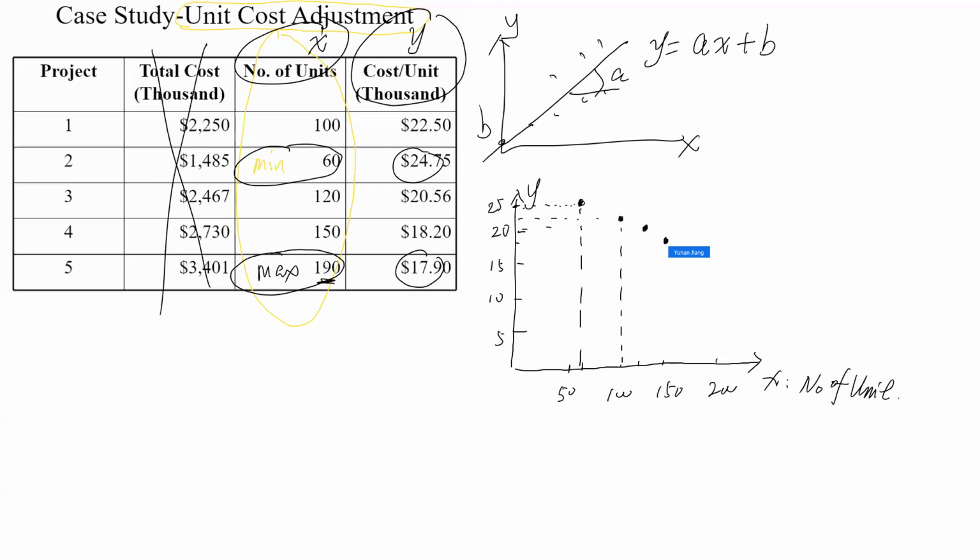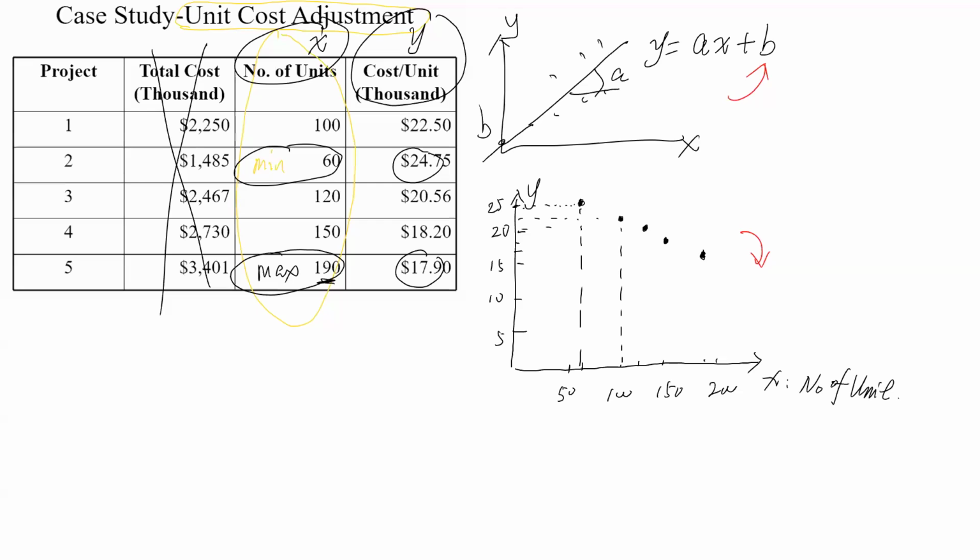So the next one is the last one. Project 5 is 190 and 17.90, right? 17.90. Okay. So now you have the plot looking like this. So that is very different to that one, right? This one is kind of like an increase, and this one is likely a decrease, right?